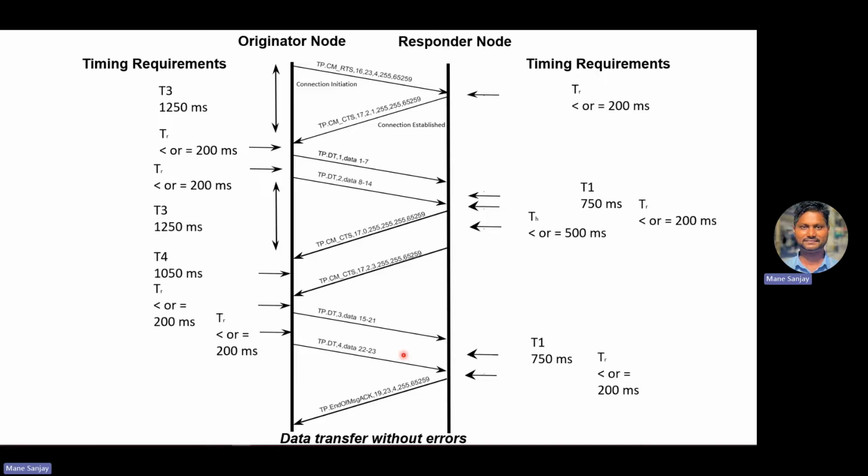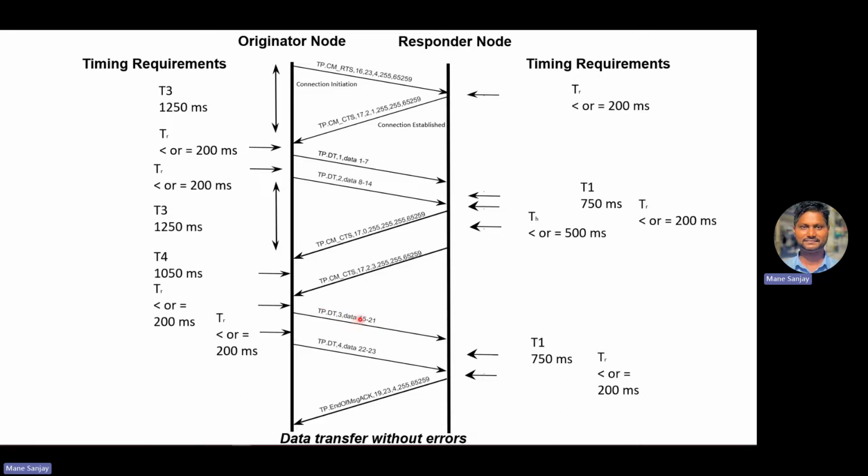Now, one point I would like to highlight here: I'm talking about the sequence number and the actual data. Suppose there is a need to transmit only 3 packets, and instead of 23, let's say the total number of bytes is only 16. So here the CAN frame will definitely go. The 15 will get sent, the 16 will get sent. What about the remaining bytes? Because this is a CAN frame.